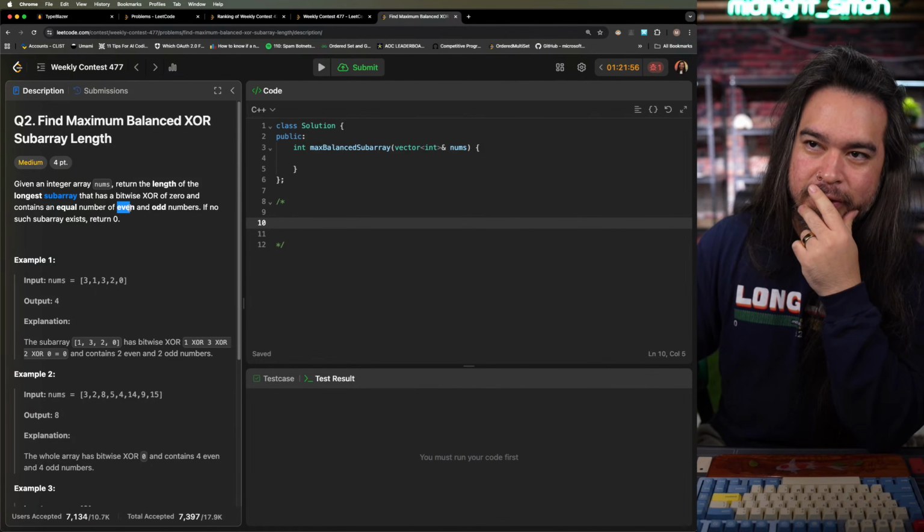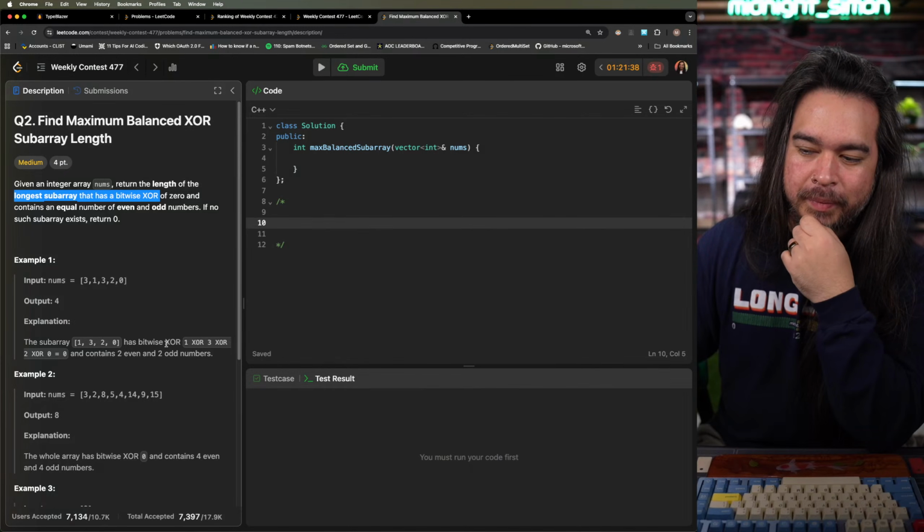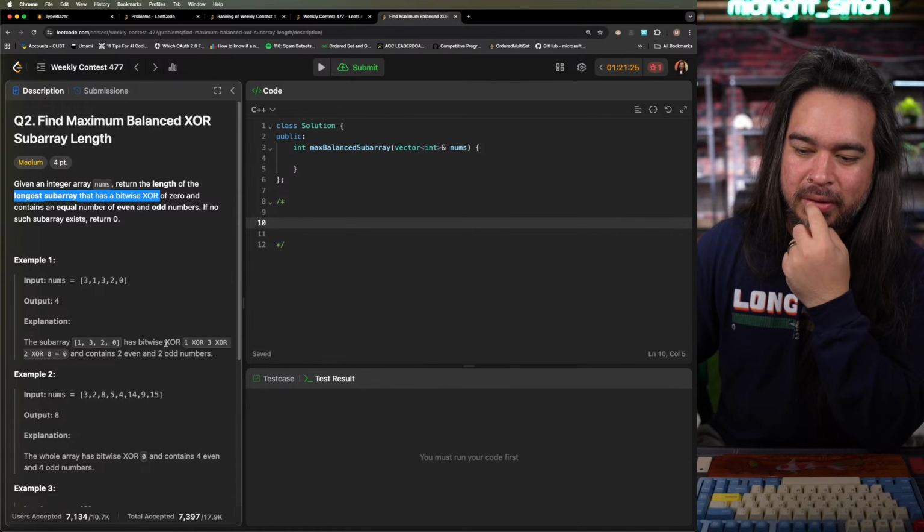So I'm pretty sure if it was just even and odds, I could solve it. But with this new requirement, I can't think of what to do, at least not yet. So an XOR means only one bit, or an odd number of bits have to be turned on.